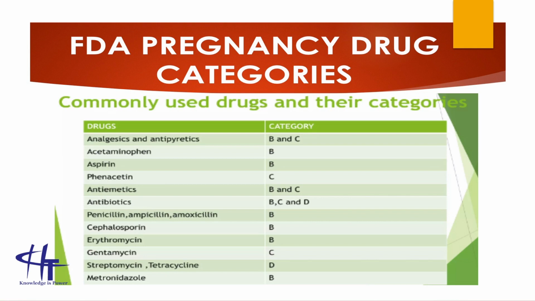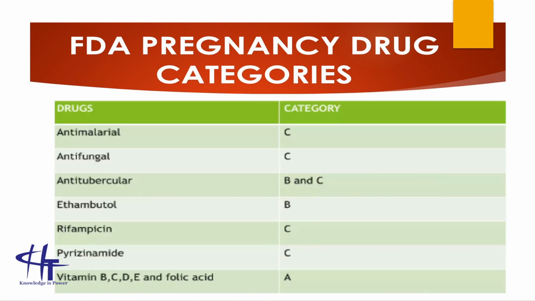And however, because we have so many drugs on the market, you may not know which category it falls in. But it is worth reading about that drug before you either take it if you're pregnant, or before you prescribe it if you are an authorized prescriber.